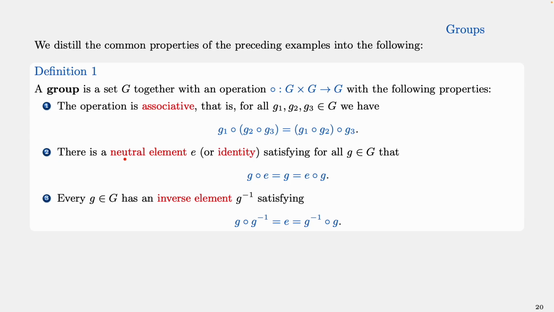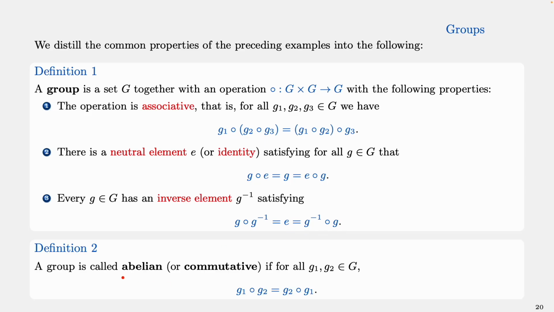Second, there exists a neutral element, also called the identity, which is customarily denoted by the letter e, that satisfies for all elements g from the set G, that g composed with e equals g, and this is the same as e composed with g from the other side. And thirdly, every element g has an inverse element written like this, g inverse, that satisfies g composed with g inverse is the neutral element, and this is the same as g inverse composed with g as well.